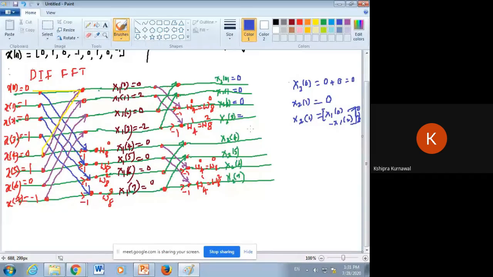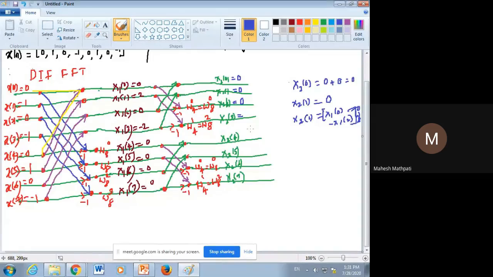x2 of 1 should be 2, no? It is 2 minus 2, madam, because x1 of 3 is minus 2. The value of x1 of 3 is minus 2.